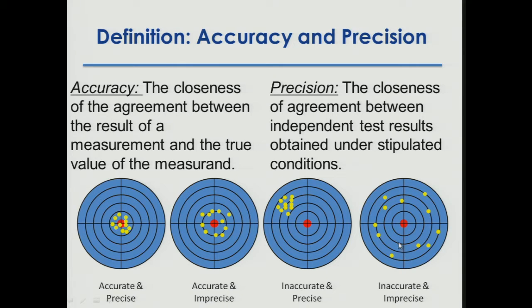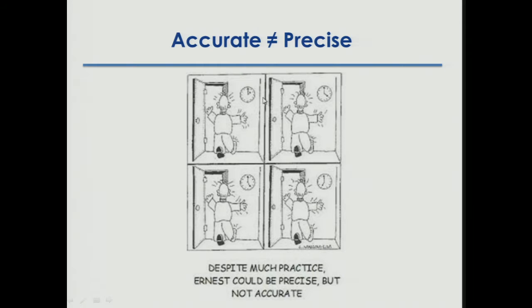And if you're out in the shooting range for the first time, you're going to be both inaccurate and imprecise. I always use that to remember what these words mean, especially this plot. To drive it home again, I couldn't find a higher resolution. Despite much practice, Ernest here is very precisely hitting the door, but he's not very accurate.